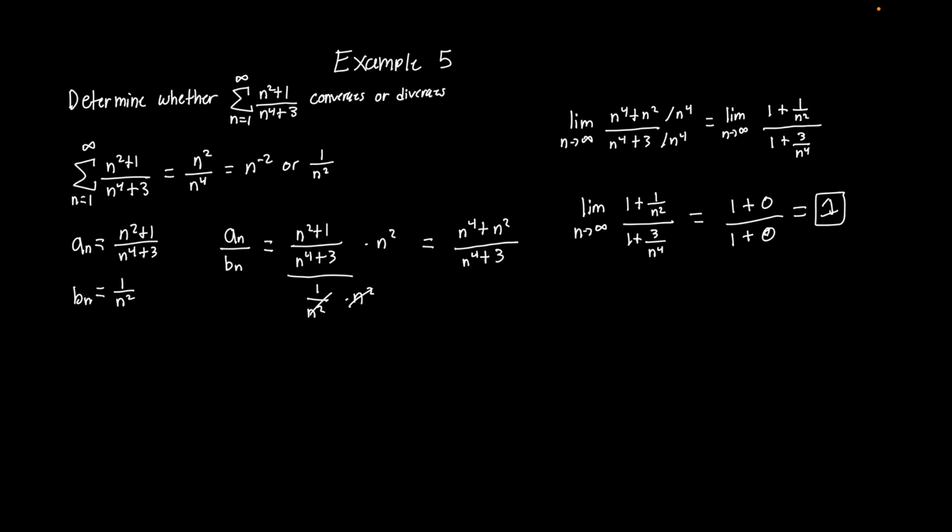So we know that since the limit is a positive finite number, and in this case our c value was between 0 and infinity, those are the conditions for the limit comparison test.